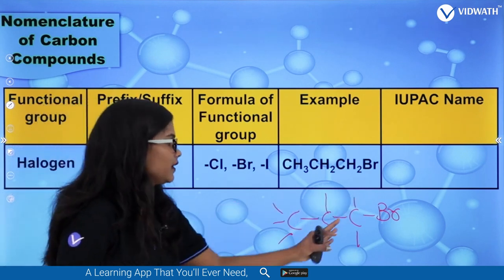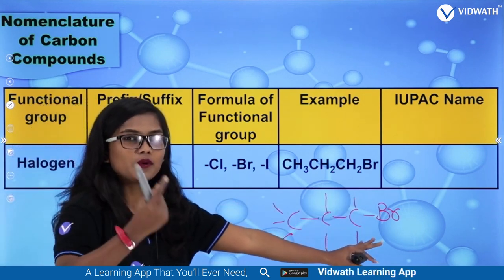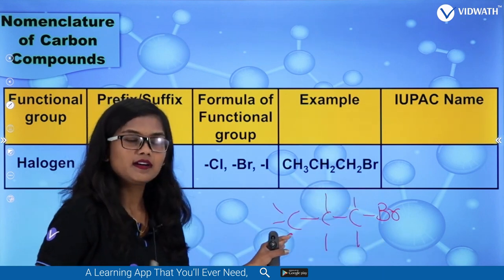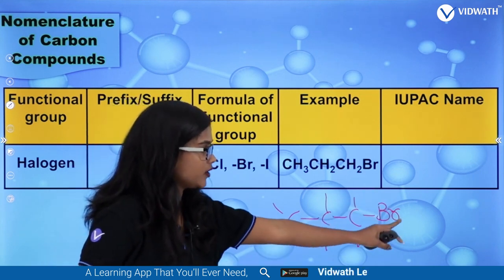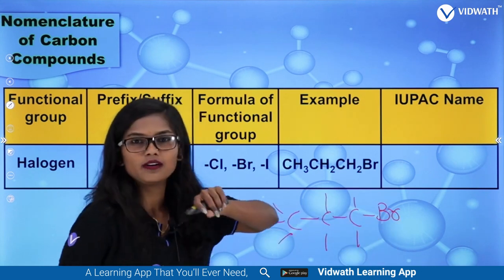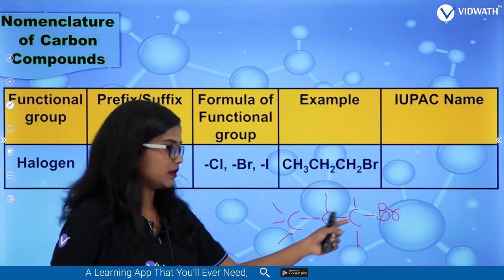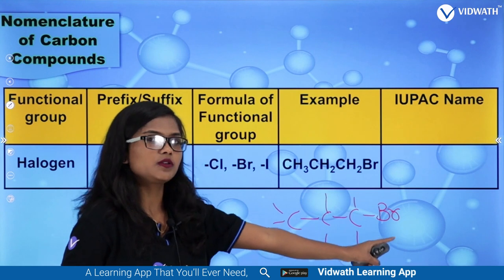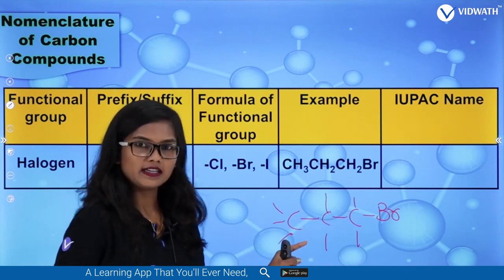If it were H, we would call it prop, since it has 3 carbons, and all the carbon atoms have single covalent bonds, so we would call it propane. But instead of hydrogen, the bromine, a heteroatom, has been added to this hydrocarbon compound. Clear? Now we can't call it a hydrocarbon compound, because other than hydrogen we have one more heteroatom, a halogen functional group, added to the hydrocarbon compound, right? Then how do we name it?